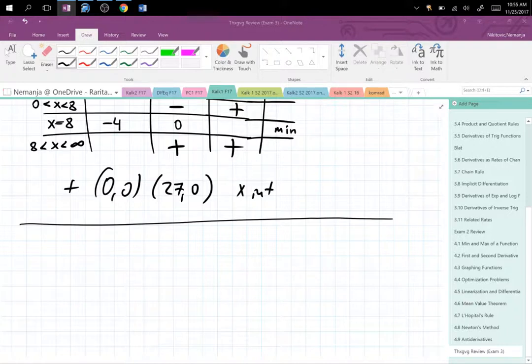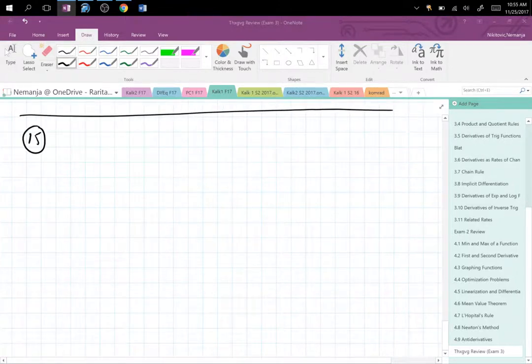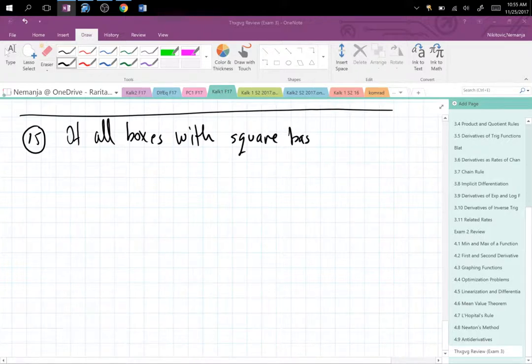Let's see if we can find problem 15, which is just fine, I would say. Of all boxes with a square base, the whole box is with a square base and a volume of 100 meters cubed.